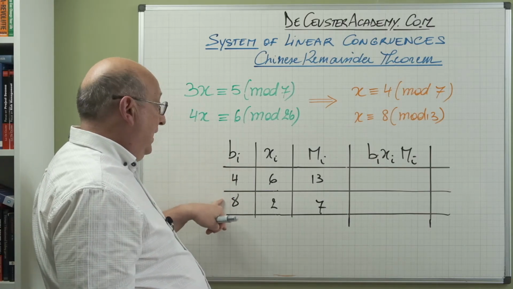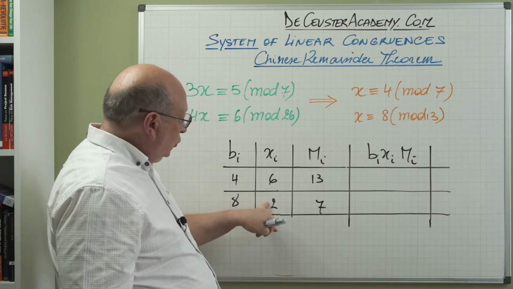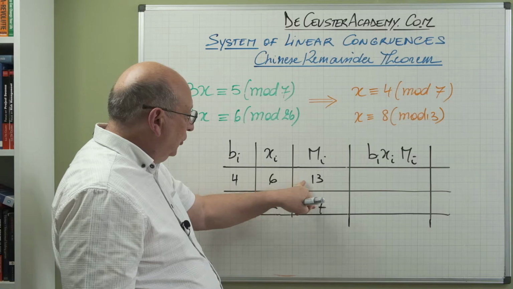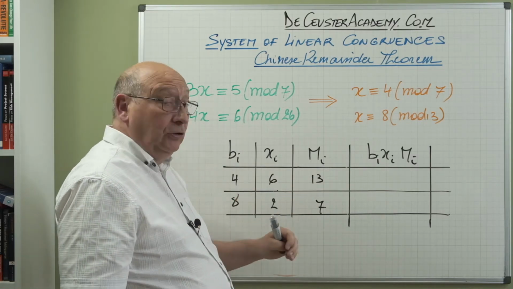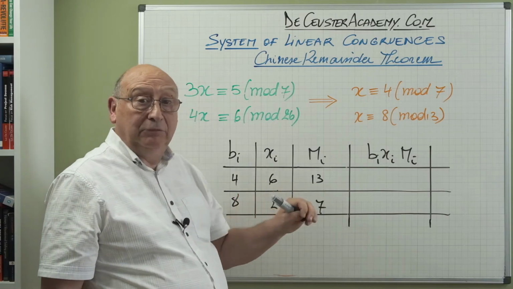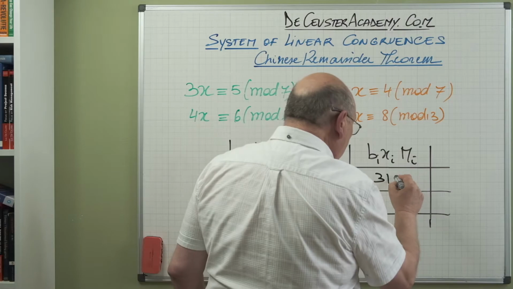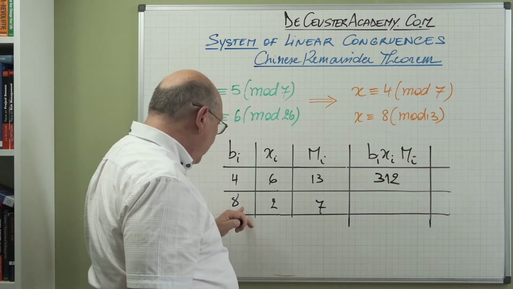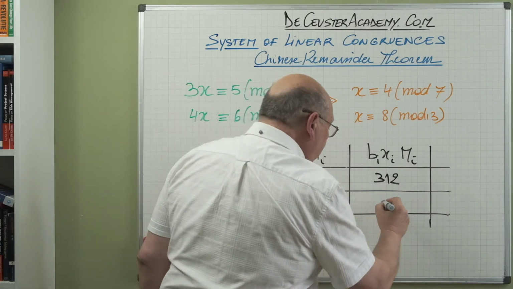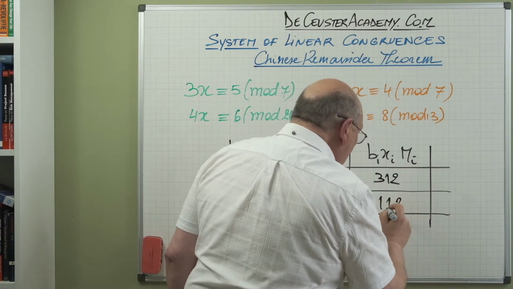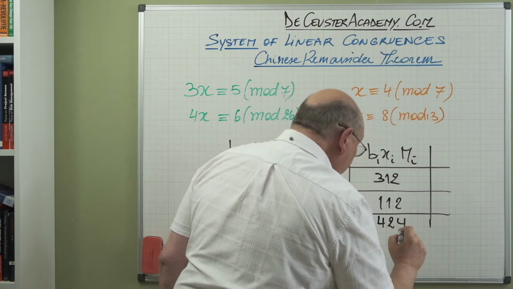b1 is 4, and b2 is 8, x1 is 6, x2 is 2, m1 is 13, m2 is 7. So when we multiply 4 times 6 times 13, we find this is equal to 312. And then we have 8 times 2 times 7 is 112, which gives us a total of 424.